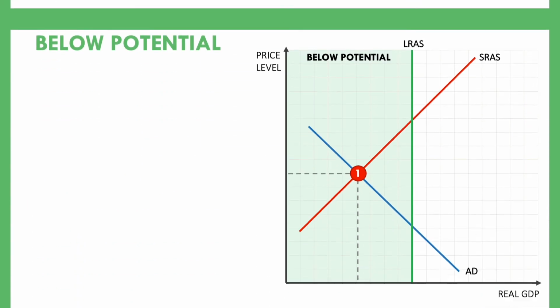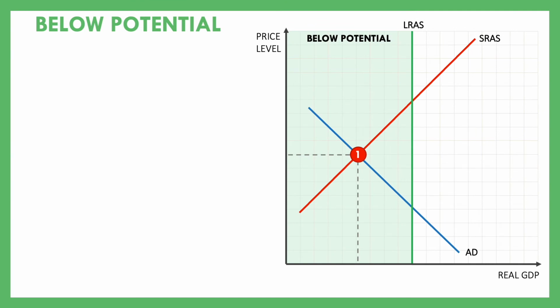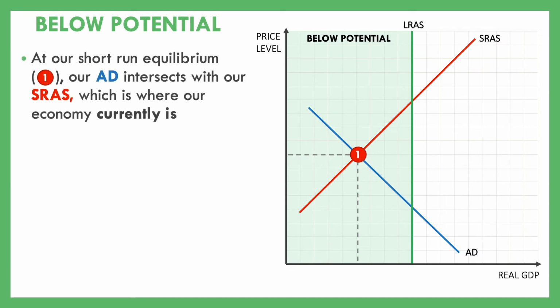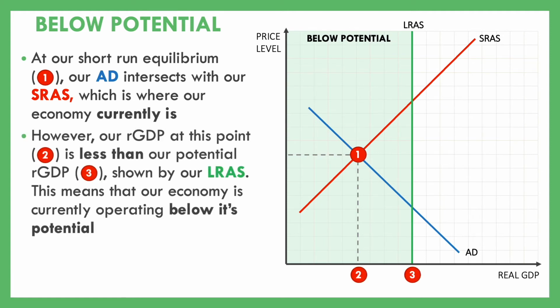Now, what happens if point number 1, the intersection of our short run aggregate supply and aggregate demand, which represents where we're currently at in the short run, is to the left of the green curve? Because our current GDP, point number 2, is less than our potential output, point number 3, we are to the left of our long run aggregate supply.